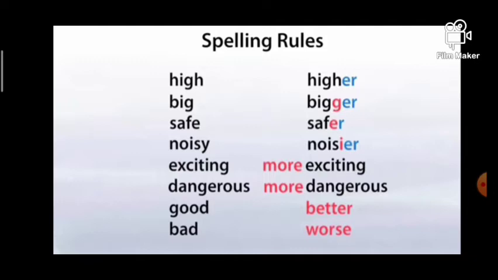Exciting and dangerous, we have to add more before those words: more exciting, more dangerous. And some adjectives totally change, so good and bad change into different words: good, better and bad, worse. Now see some examples on the blackboard.